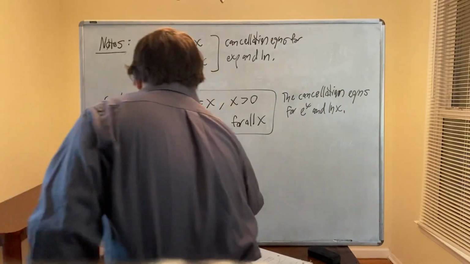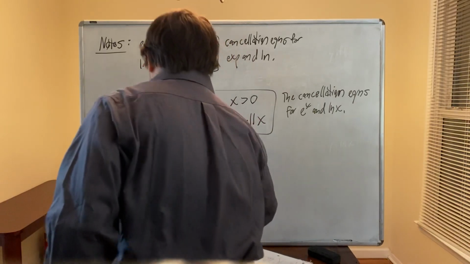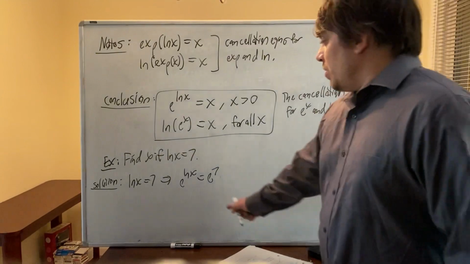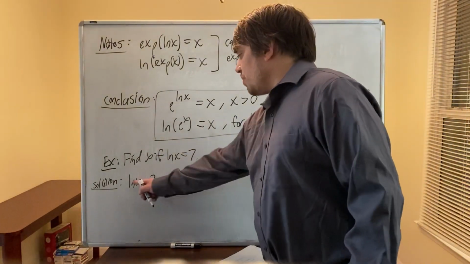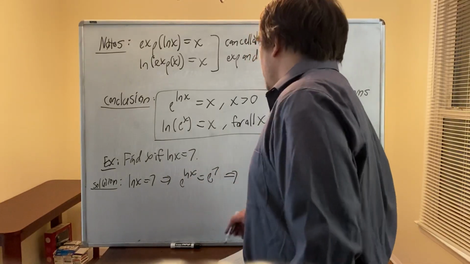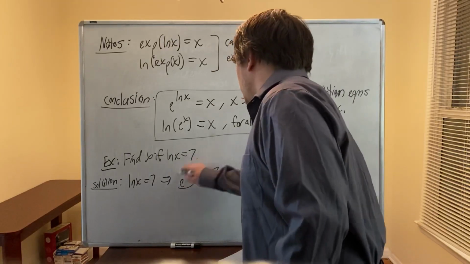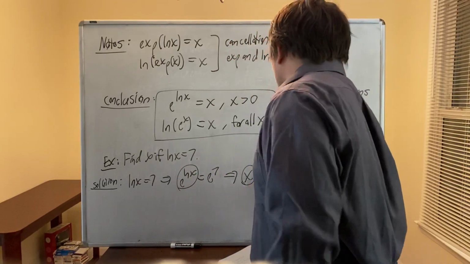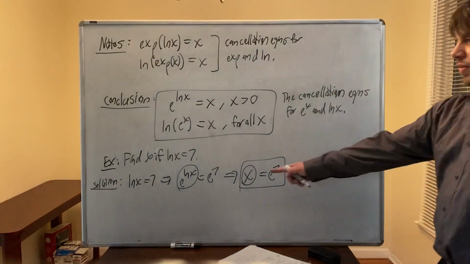That implies that e to the ln x equals e to the 7, right? So if you make the base e and the exponents ln x and 7 respectively, they're equal. But e to the ln x is x, right? And x is then equal to e to the 7th. And that's the answer. We found x.